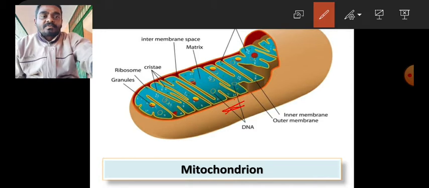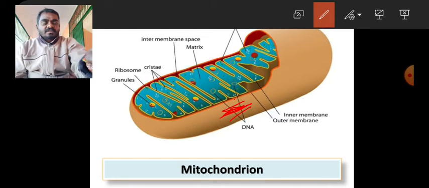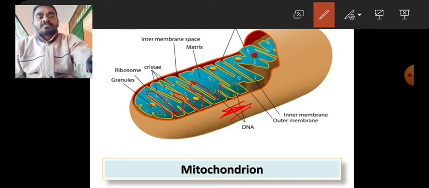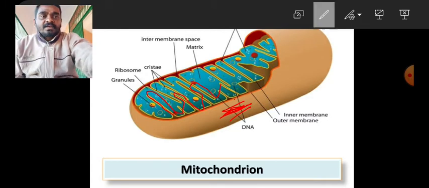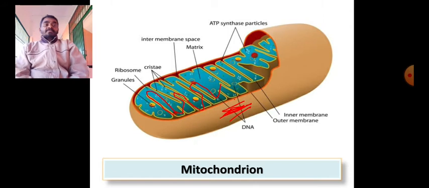This one is the outer membrane, the brown one, which is smooth and has lots of small tiny holes, which are not distinctly visible in the diagram. But the inner membrane you see is folded like this. These folded structures are inner membranes, because only in those folded structures is ATP produced.